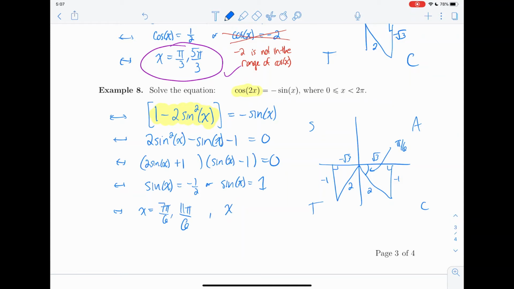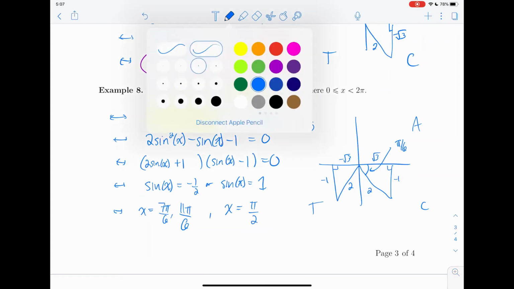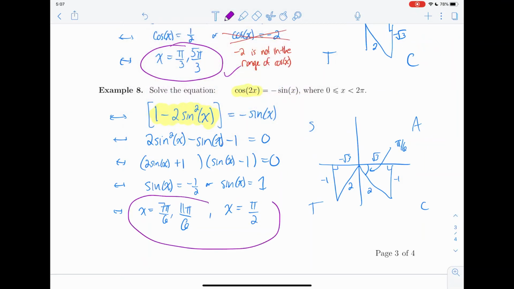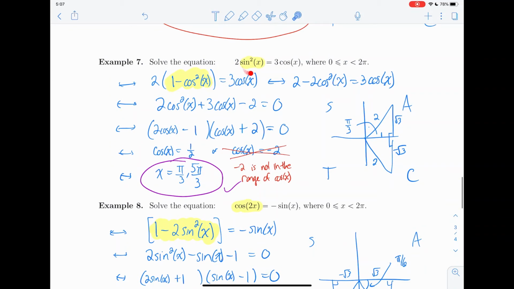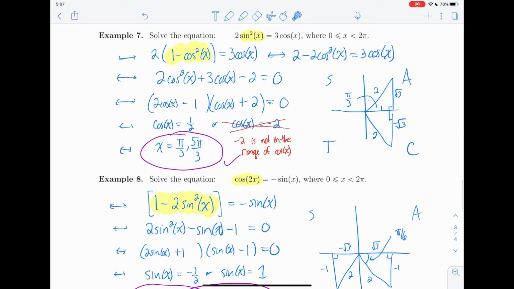Whereas the second equation, sine x equals 1, there's only one angle from 0 to 2 pi that can produce a 1 with a sine, and that's going to be pi/2. So here we have our three angles that solve that equation. So we've utilized double angle formulas and the Pythagorean identity so far in terms of what identities help us solve trig equations.